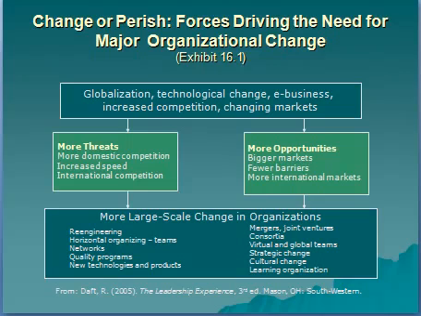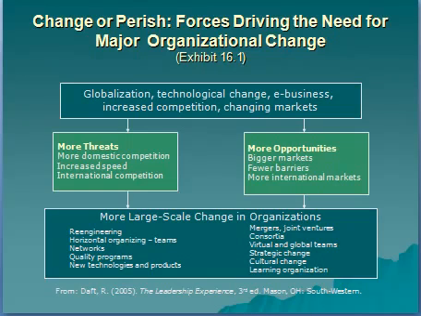Opportunities and threats are out in the environment. In terms of threats, more domestic competition, increased speed to get things to market, and of course international competition. With that switch to international competition, though, we have bigger markets. Legislation has brought down some barriers, trade barriers, and we streamlined things.